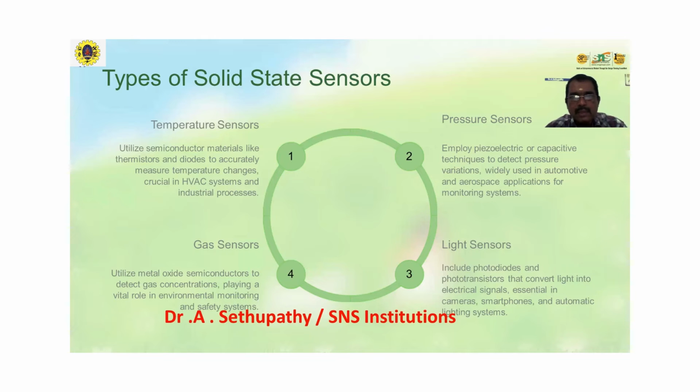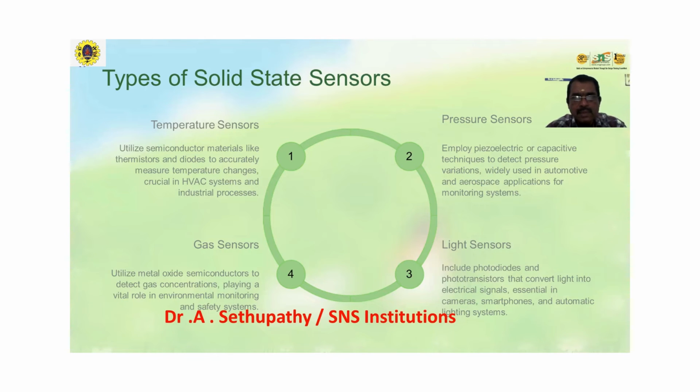Temperature sensors are the most commonly used solid state and semiconductor sensors. Then pressure sensors employ piezoelectric or capacitive techniques to detect pressure variations. This is widely used in automotive and aerospace applications and monitoring systems.